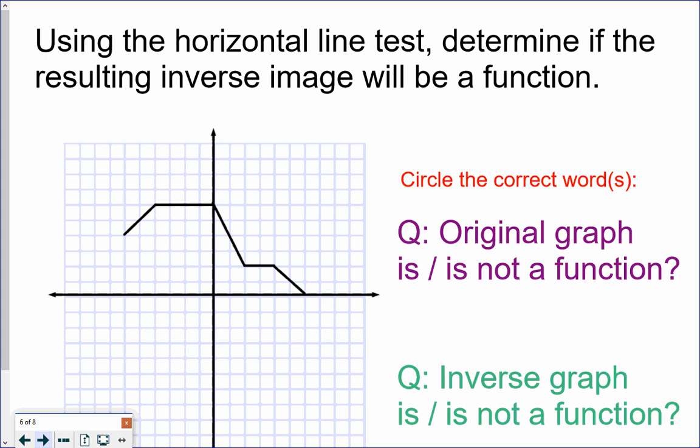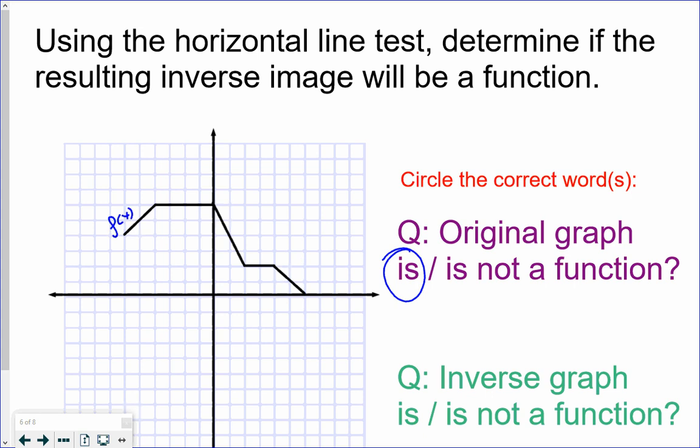Here's my original graph, f. Is it a function? If I take a vertical line across my original graph, as we did in grade 10, does my vertical line only ever cross it once? Yes. So my original graph is a function, and I'm going to label it f of x.